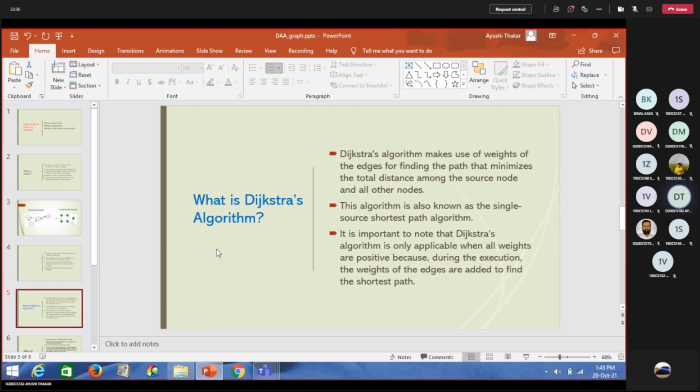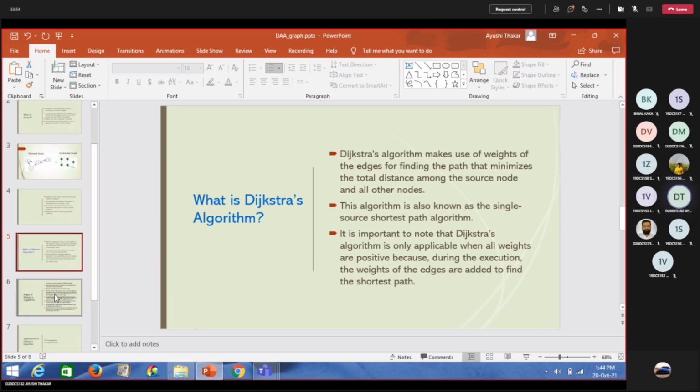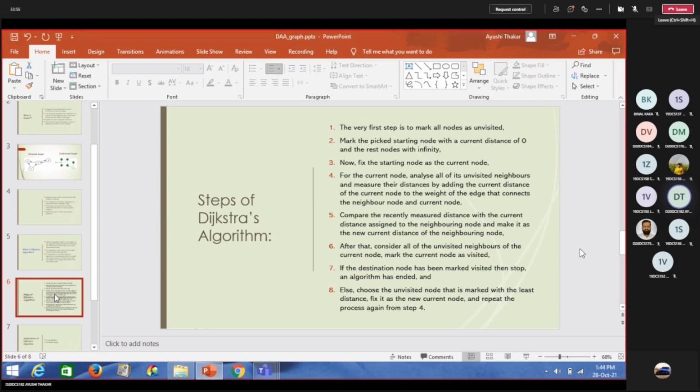It is important to note that this algorithm is only applicable when all weights are positive, because during execution the weights of the edges are added to find the shortest path. So this was the explanation about the algorithm, and now the steps of the Dijkstra algorithm.